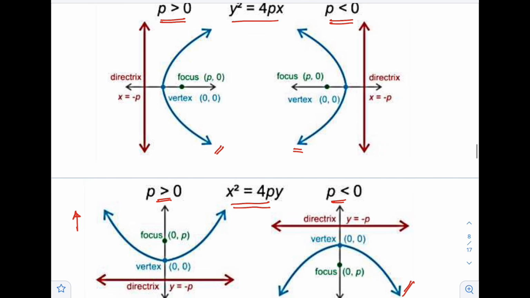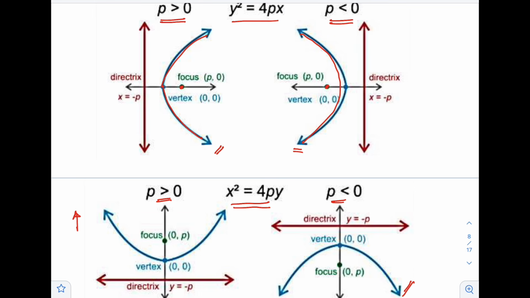So, lagi nyo lang tatandaan, the parabola always bends towards the focus. Okay? Kung nasaan yung ating focus, doon papunta yung graph ng ating parabola. Okay? Kung ang focus natin is nasa left side ng vertex, yung graph natin is open to the left. Okay?